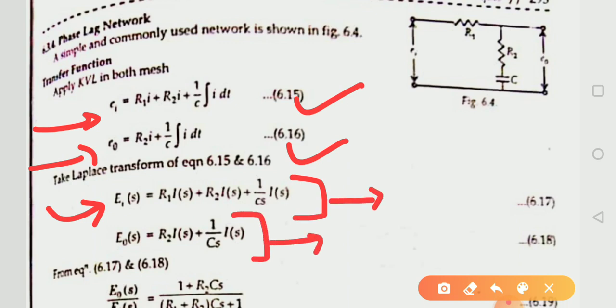For the second, the Laplace transform gives E0(s) equal to R2 times I(s) plus 1 over Cs times I(s).